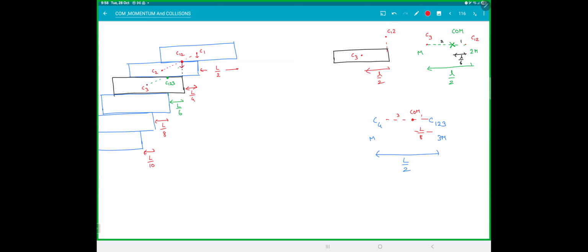Are you clear with this thing? So they'll actually form a sequence like this, but anyway, our question will end at L by 8. 4 planks, no? So L by 8, this is your table. So your distance x will be L by 2 plus L by 4 plus L by 6 plus L by 8. You can remember the sequence.